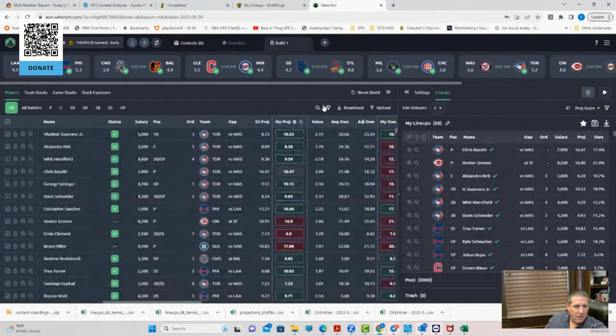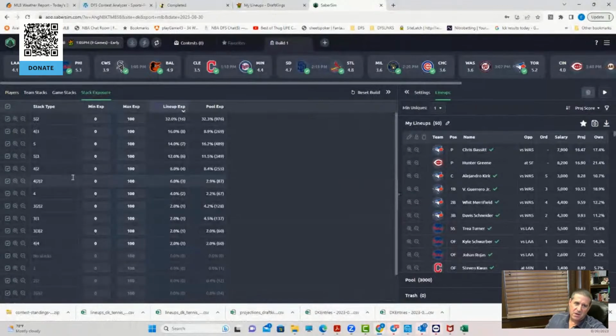All right, so actually, looks like a whole bunch of Toronto. But let's take a look. First, stack exposure. So we would have to do a little work here. There's way too much nonsense here, like 3-3-2, 3-3. But as an example, let's work on this.